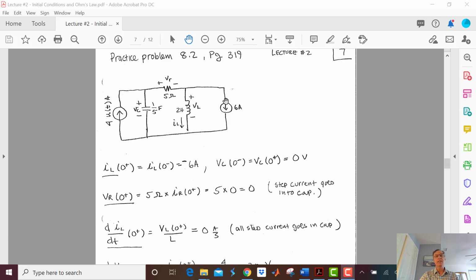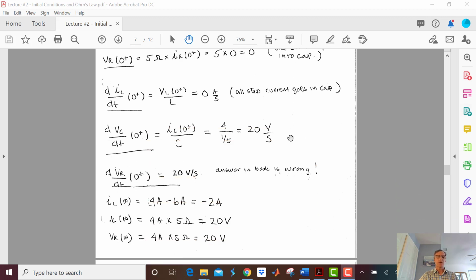Of course, di dt is 0 for the source. So that means that di dt for this resistor is also going to be 0. And if di dt is 0, then dV dt is 0 for the resistor. That's a tough one.